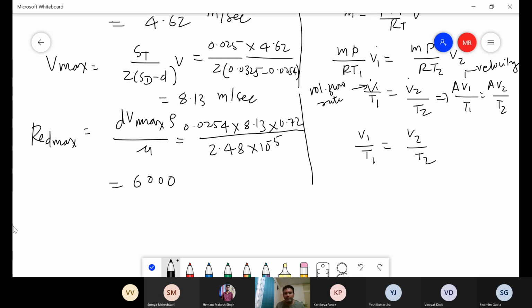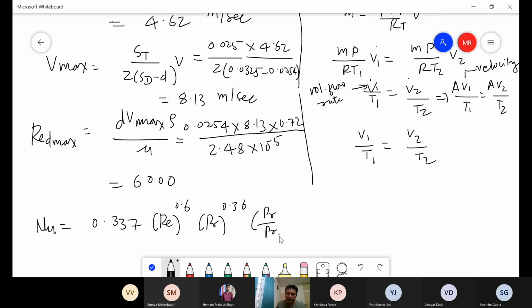Okay, is it correct? So now based on this we can find out the Nusselt number. For the Nusselt number, again we can use the same correlation, that is 0.337 Reynolds number raised to the power 0.6 into Prandtl number raised to the power 0.36, and the another factor is Pr by Pr_w raised to the power 0.25.